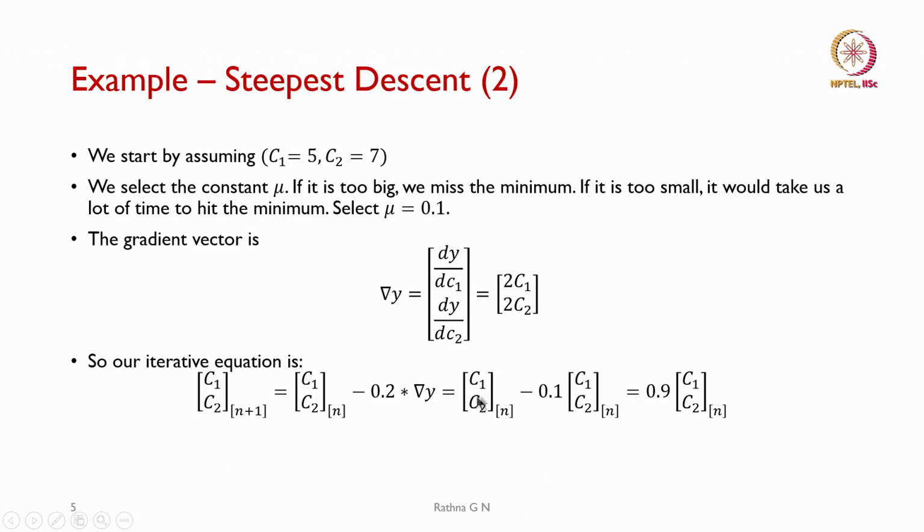Because we have 2C1 and 2C2, if we take the 2 out, it is going to be C1, C2 at n into 0.1. When we substitute this, 1 minus 0.1 will be our 0.9. This is 0.2 divided by 2, and that is the reason we get 0.1.